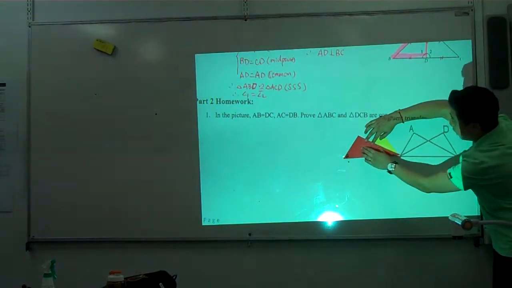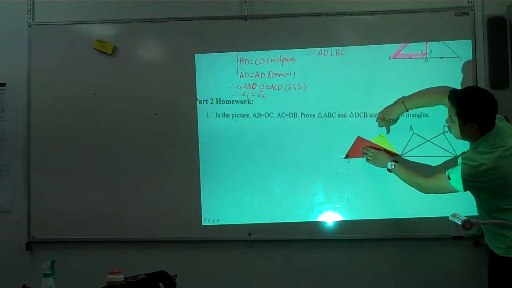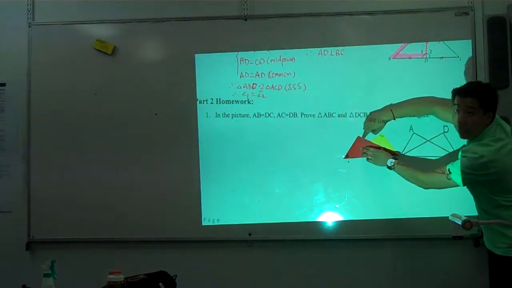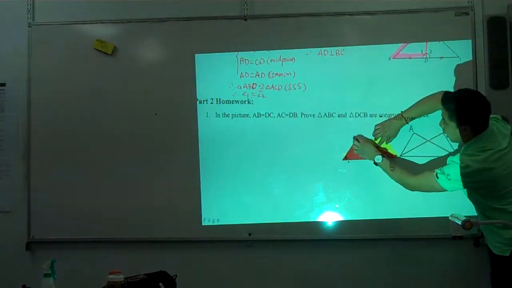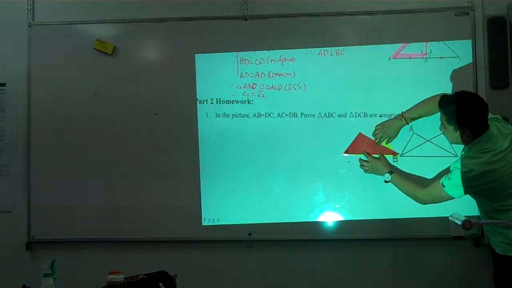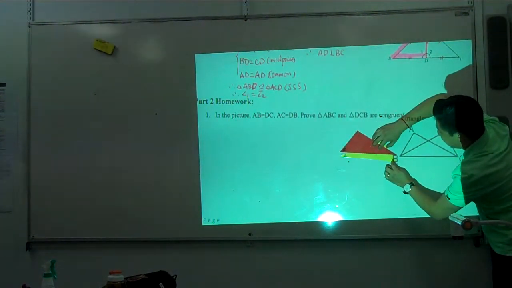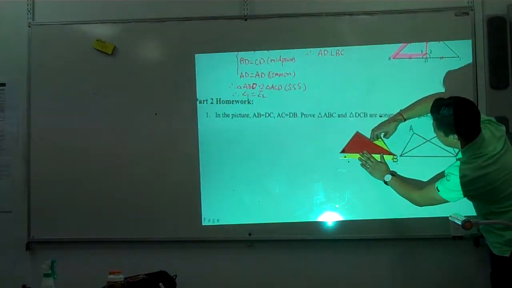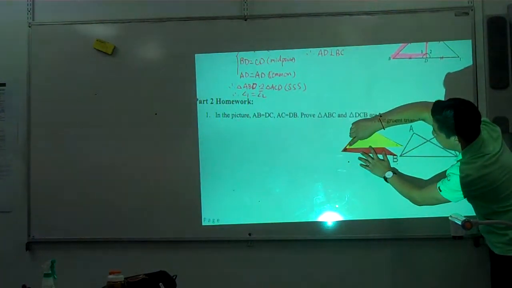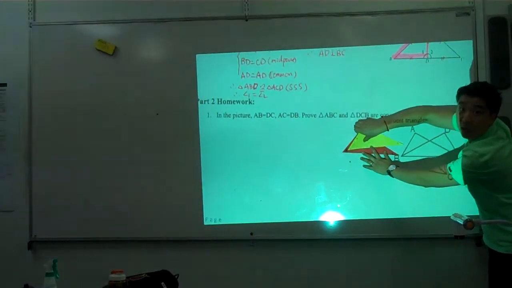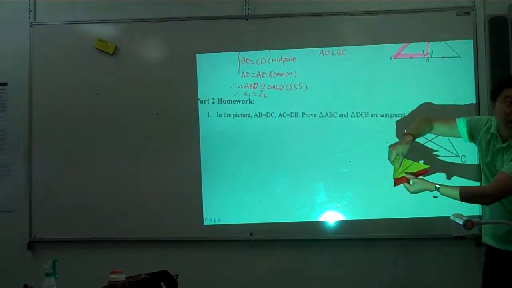Some people wrote AD, but there's no line here. You cannot write AD. This is triangle ABC. So BC equals, you can see this is C. This corner covers this one, so that will be CB. That's why this is BC equals CB.